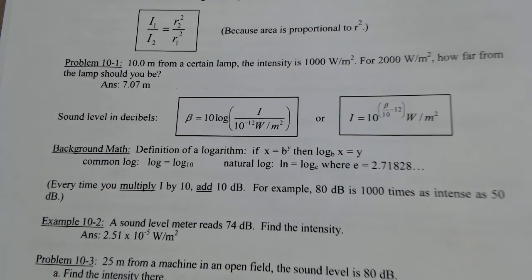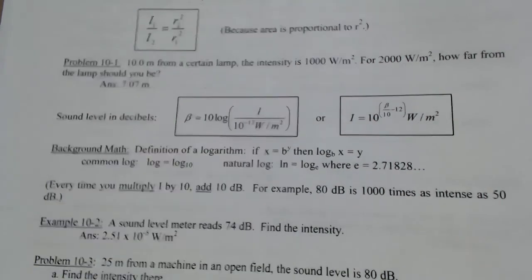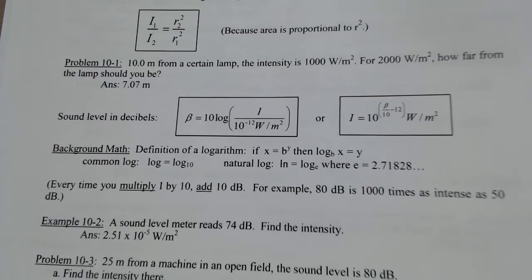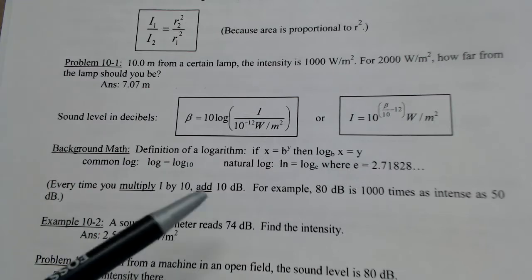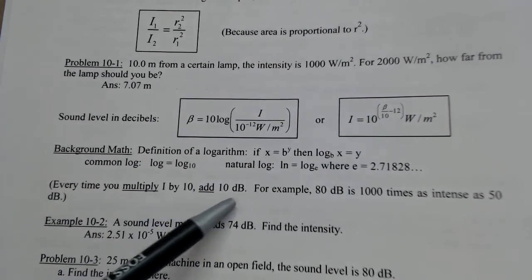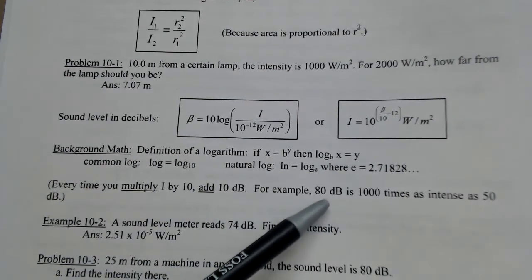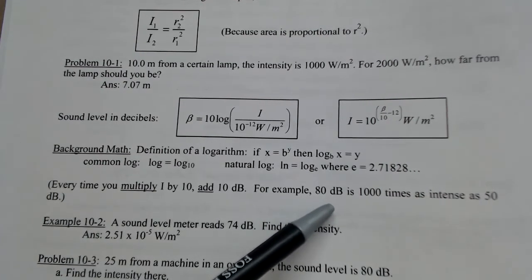Anyhow, I'm more interested that you understand how it works than that you're able to recite the definition. The way it works is that every time you multiply the intensity by 10, you add 10 to the number of decibels. For example, I mentioned a minute ago that 80 decibels is 100 times as intense as 60 decibels.